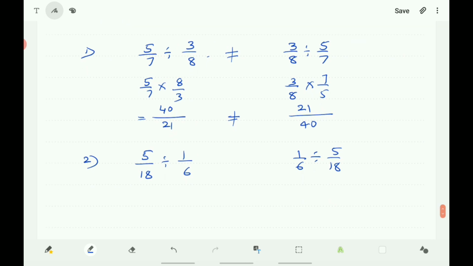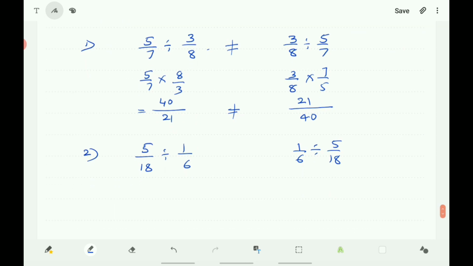And you take one more example, that is you divide 5 by 18 by 1 by 6, and also 1 by 6 by 5 by 18. First you divide 5 by 18 by 1 by 6, that becomes 5 by 18 into the reciprocal of 1 by 6, that is 6 by 1.